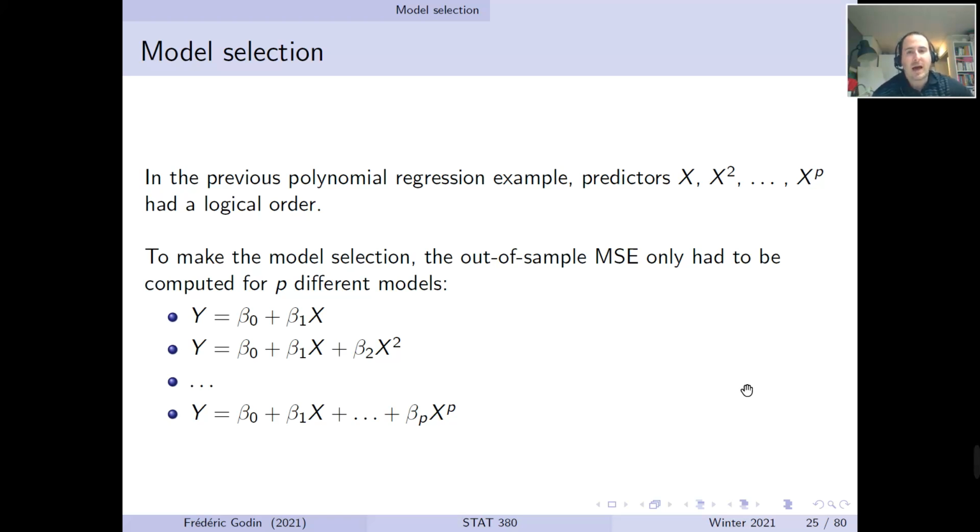So then you would have exactly p models to train. The first model would be this one, the second model this one, until here the pth model, which is this one. So you have exactly p models to compare, to train. Here we see that the number of models to train is linear with the maximum order of the polynomial you would consider.